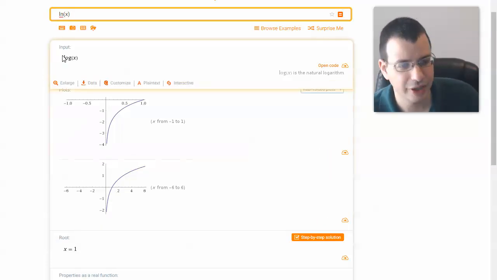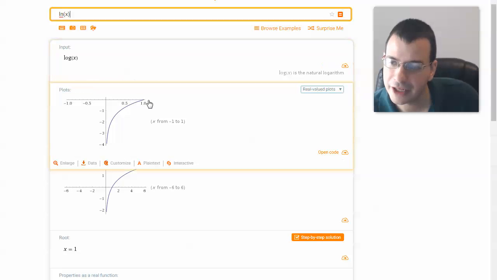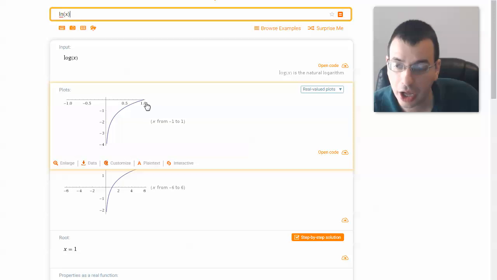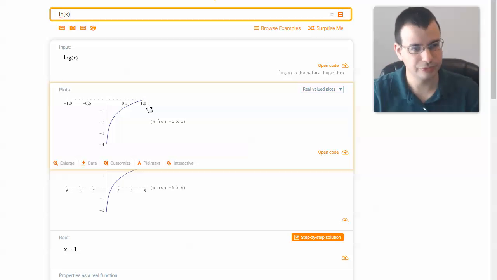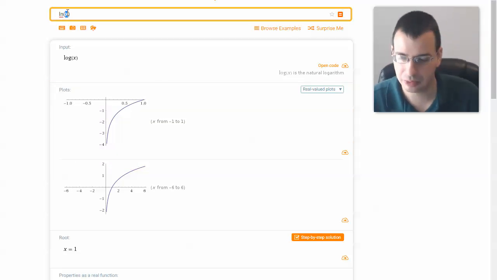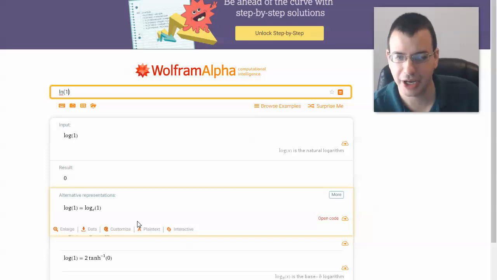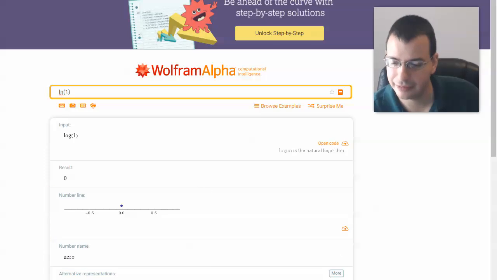Natural log. Wolfram writes log. It's equivalent. Is it? I think so. So about at 1 you get 0. Reasonable? Maybe? You're probably convinced by now and you just want me to move on. It's okay.